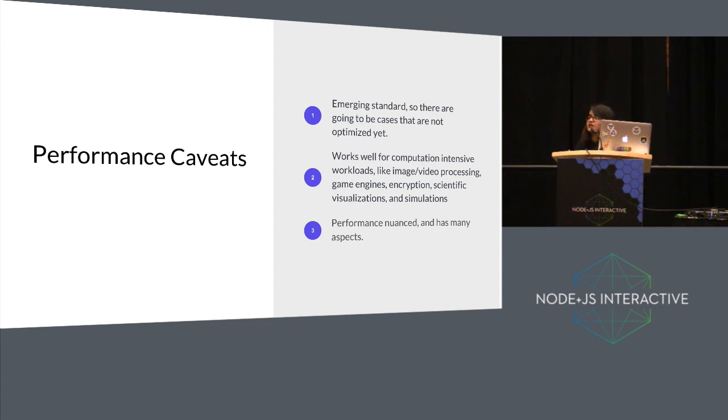We get a lot of questions of, will this application be faster in WASM? The answer to that is always that it depends. WASM really shines when you have resource-intensive tasks, such as image decoding, video processing, game engines, anything that is self-contained and performs a lot of computation. Those are the kind of things that would be really fast in WASM.